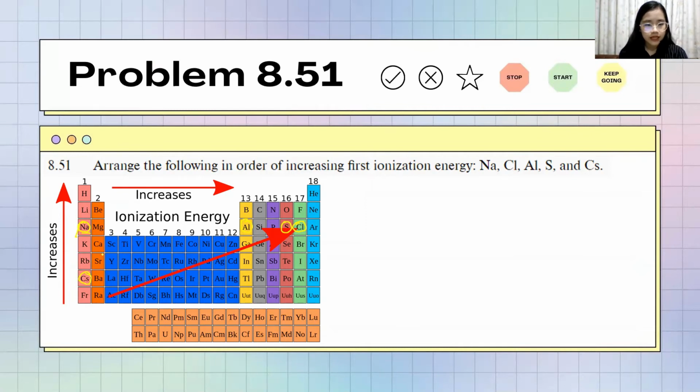As you can see, cesium has the lowest ionization energy among the elements, so it comes first.